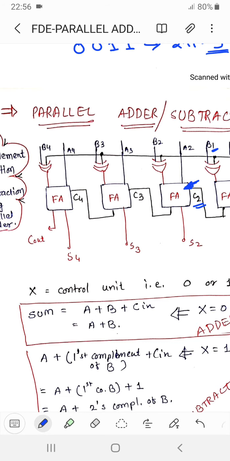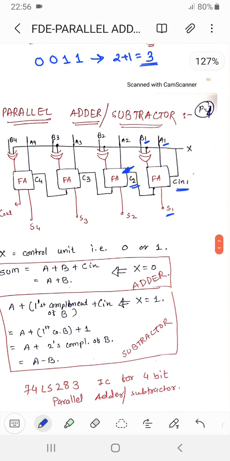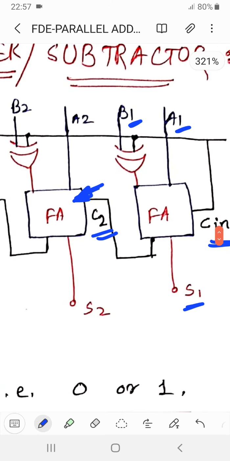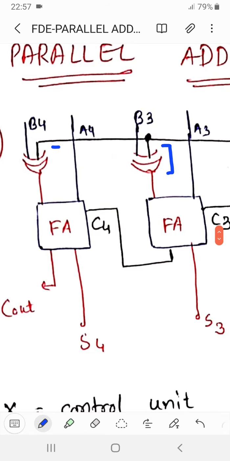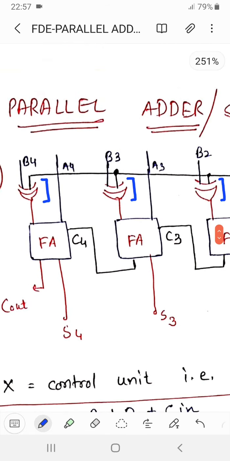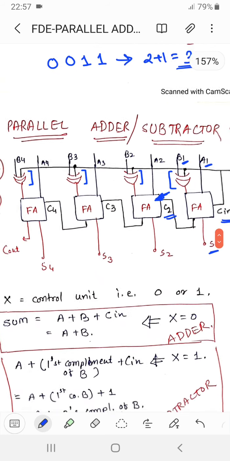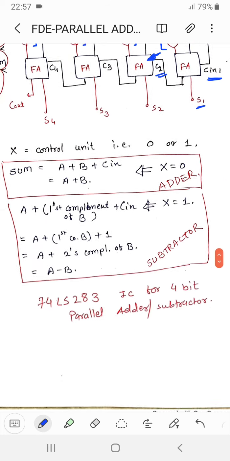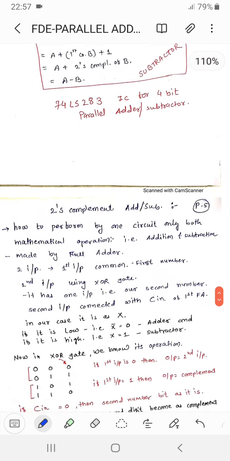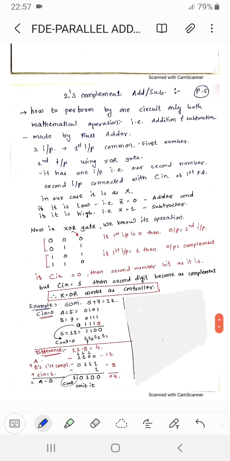But the change in this particular case is the addition of an XOR gate in every bit. This XOR gate is connected with every bit. Let me see the function of this parallel adder cum subtractor circuit properly. This theory is generally known as the 2's complement addition subtraction theory.